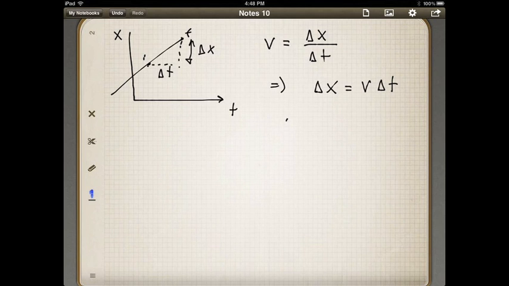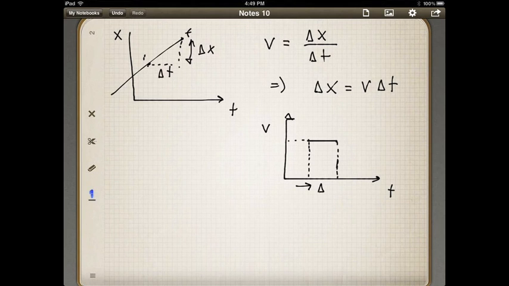Basically, if I have a plot of the velocity as a function of time, and the velocity of the object in some interval of time happens to be constant, that is a certain value v, then over that interval of time, delta t, I know that the object moved through a distance delta x.